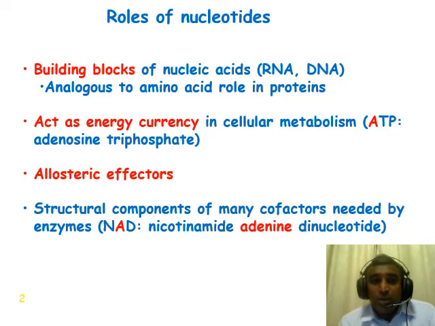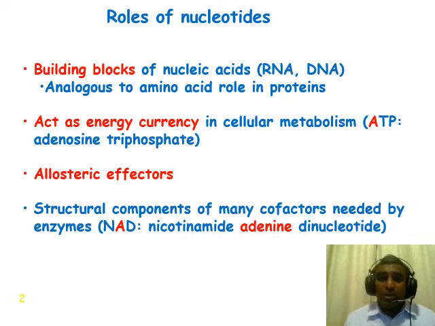Now we look at the function of the nucleotide, and then in a while we look at the roles of nucleic acid. Difference between nucleotide and nucleic acid: nucleotide, as you know, is the monomer that builds the nucleic acid.